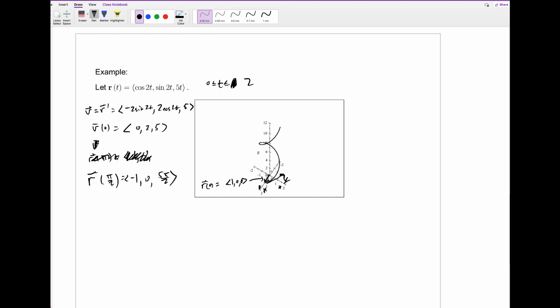So you can see where we are here. We're at x is negative 1, y is 0, but we're way up here. So we're at a point just below 8, right there on the curve.